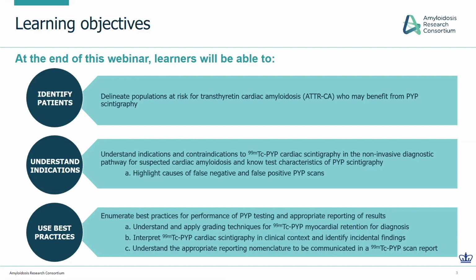And enumerate best practices that have been delineated for the performance of PYP testing using appropriate grading techniques, both quantitative and semi-quantitative, interpret scintigraphy in the clinical context, and be able to identify any incidental findings, and understand the appropriate reporting nomenclature to be communicated in a technetium pyrophosphate scan report.